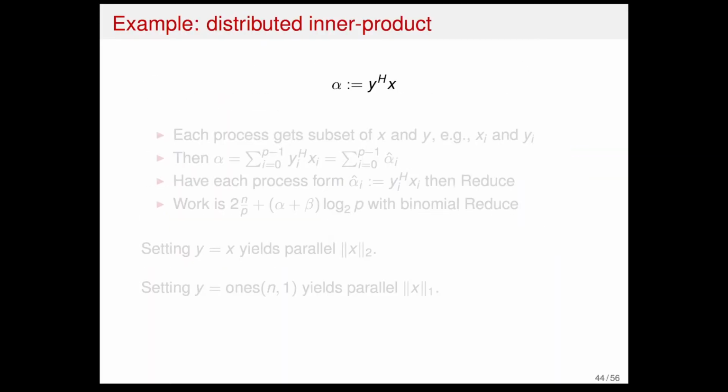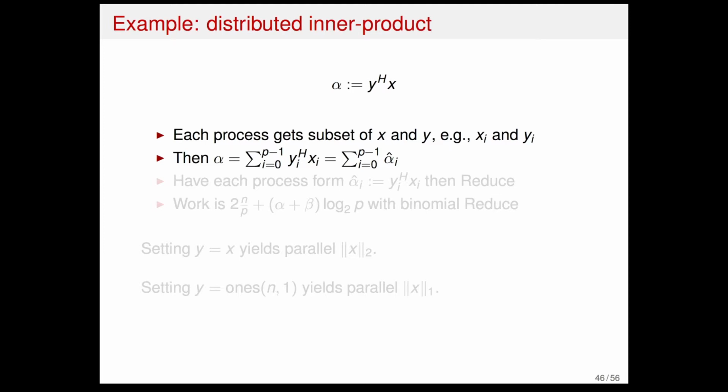Suppose you wanted to perform an inner product between some vector y and a vector x in parallel. One obvious way to do that would be to give each process some contiguous subset of the entries of x and the equivalent subset of entries from y, say x sub i and y sub i on process i. Then a natural way to do this would be to think of breaking up this inner product into the sums of the inner products that you could compute locally on each process.